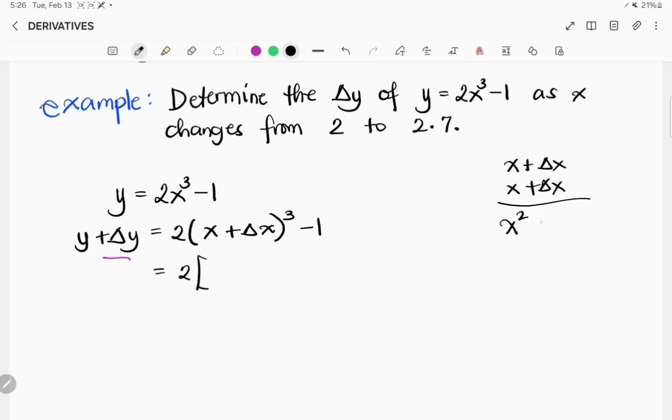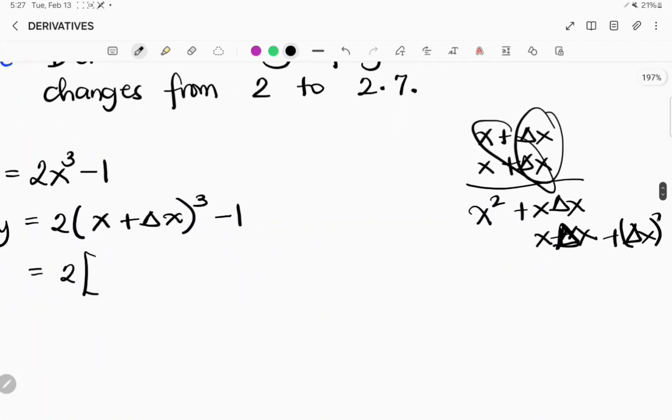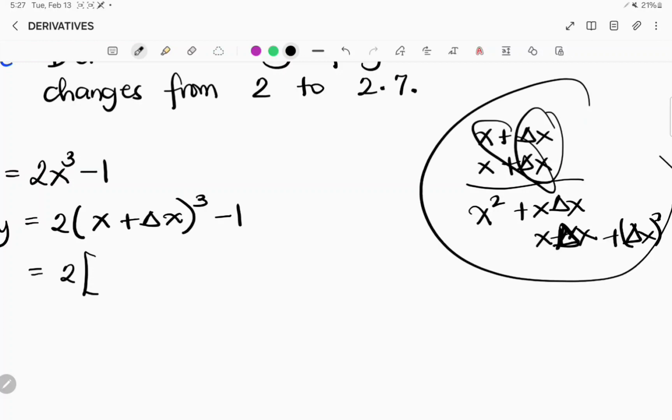So this is going to be x cubed plus x change of x, and then we have x plus x change of x, and then we have plus change of x squared. So let's further simplify this.